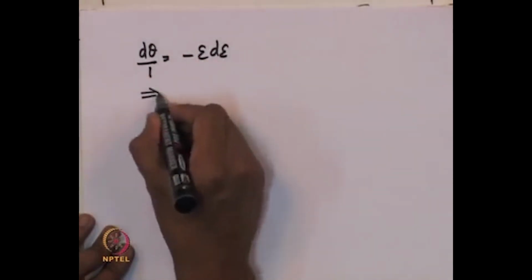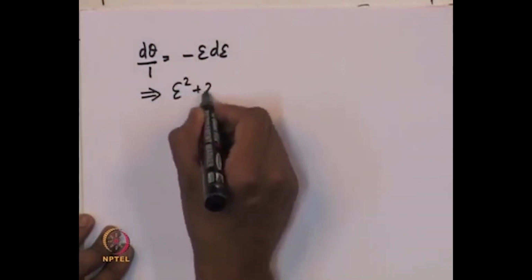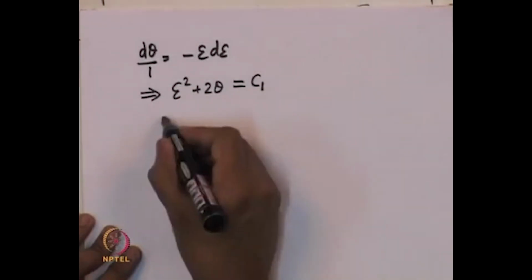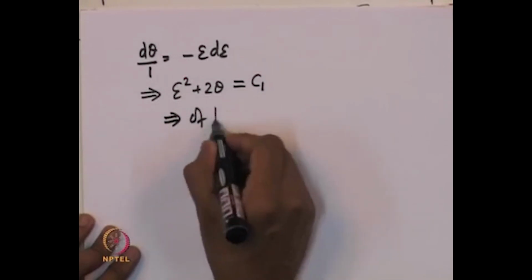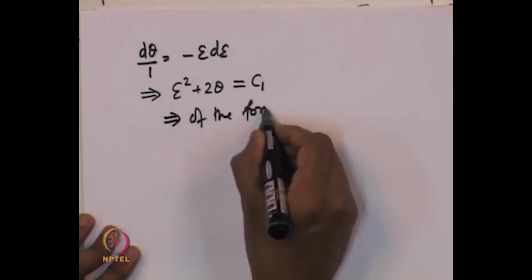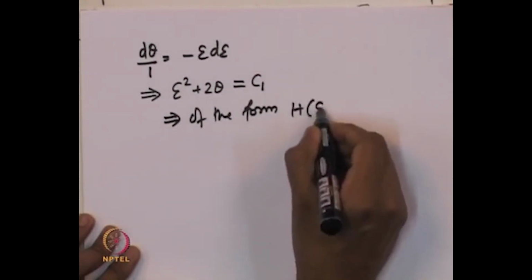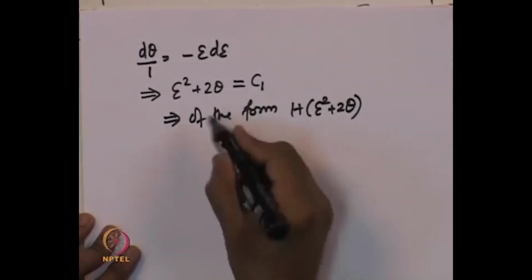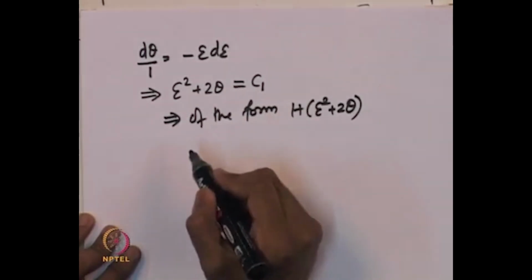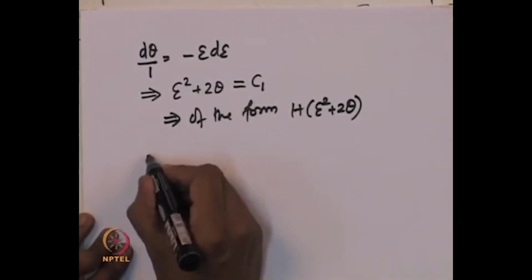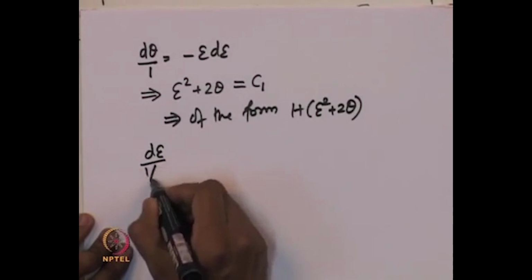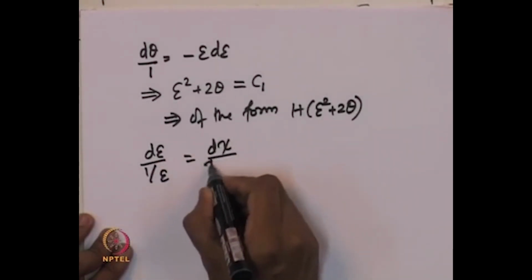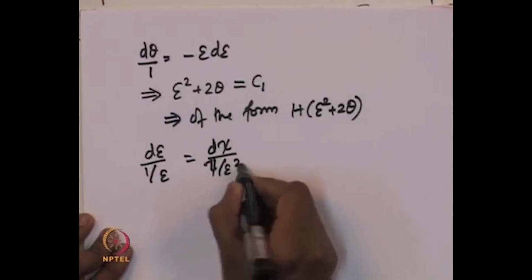From here we can find that epsilon square plus 2 theta is equal to a constant C 1, and that should be of the form h of epsilon square plus 2 theta. So, that is the functional dependence of this expression. Next, let us look at the other case, d epsilon by 1 by epsilon, which should be equal to d psi by psi by epsilon square.